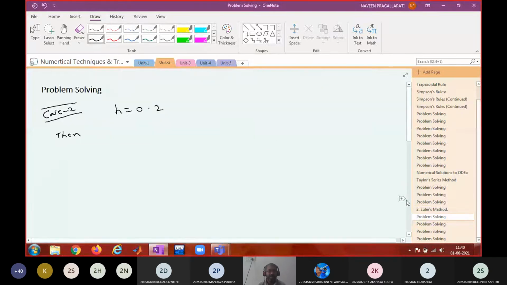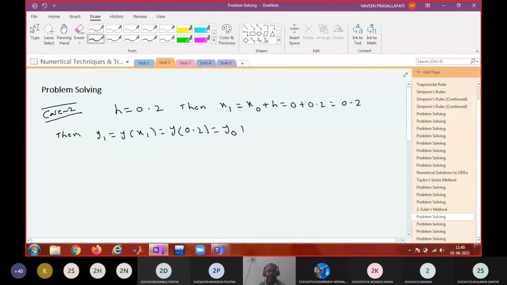Okay, so that here then x1 equal to x0 plus h is equals to 0 plus 0.2 equal to 0.2. Okay, so then y1 equal to y of x1 is equals to y of 0.2 is equal to y0 plus h into f of x0 y0.